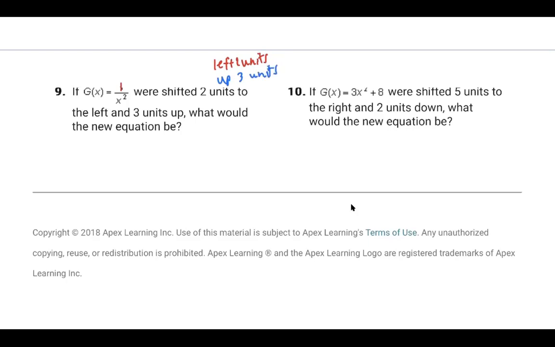My answer for my new equation could be f of x is equal to 1 over, since I'm going left 2 units, I have to add 2 directly to the x value. And then I'm going up 3 units, so I add 3 to the whole expression there.